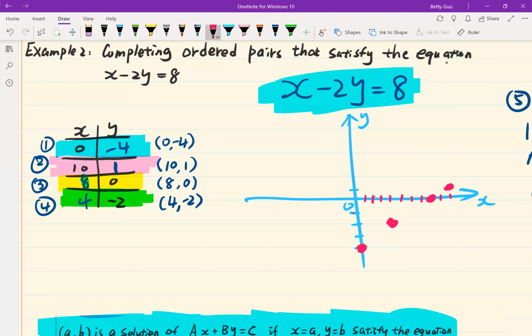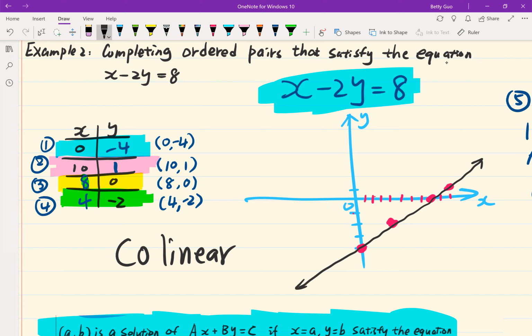Okay, so what do you see, the 4 points? Do you see them? Do you see that they are collinear? Collinear means they are on the same straight line. They are on the same straight line. And this is not a coincidence.